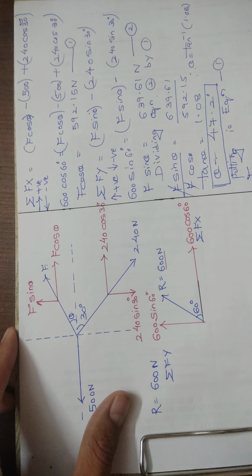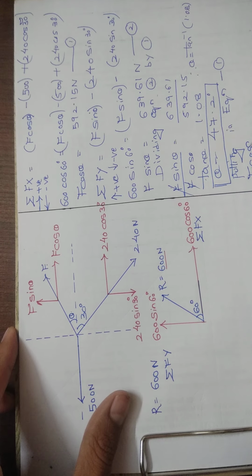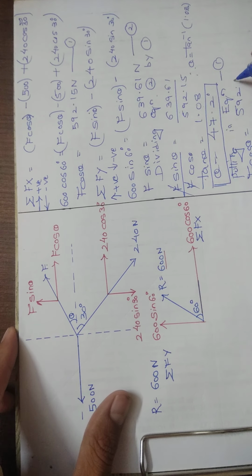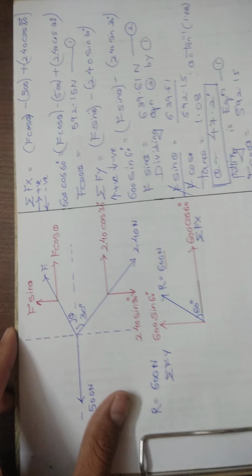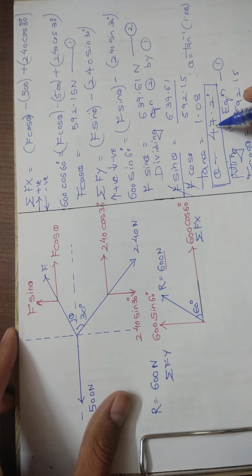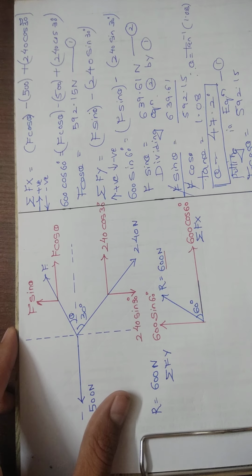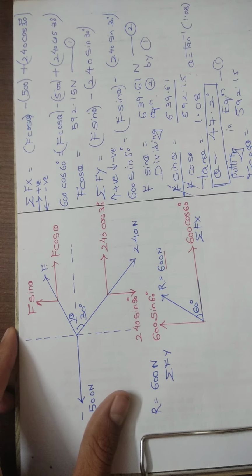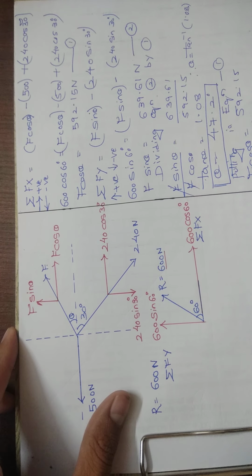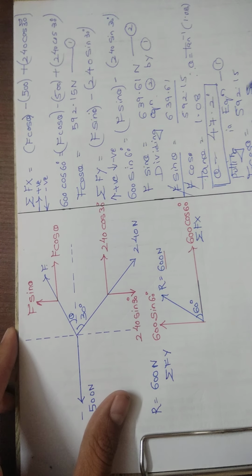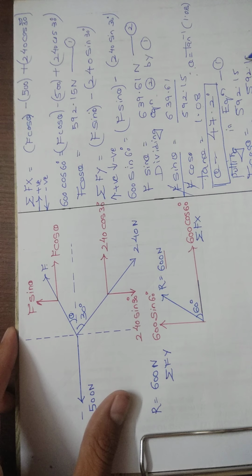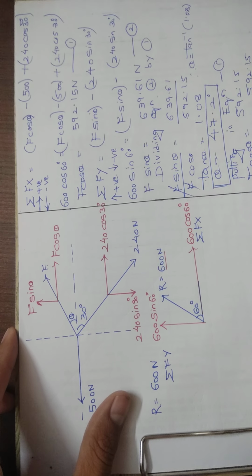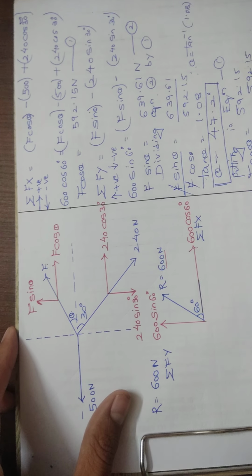Equation 1 is F cos theta equals 592.15. So putting theta as 47.2, F is equal to 592.15 divided by cos of theta. We are directly putting the theta value.